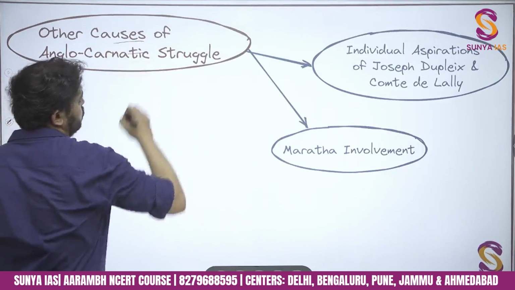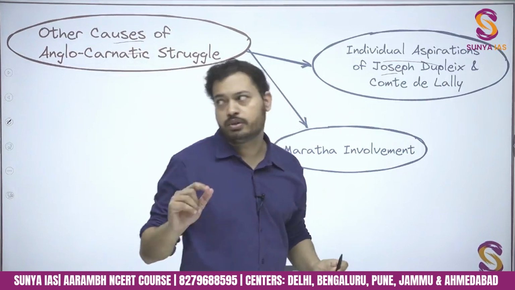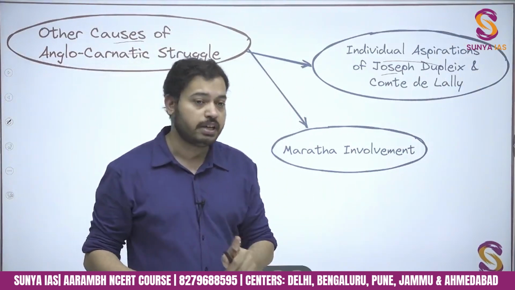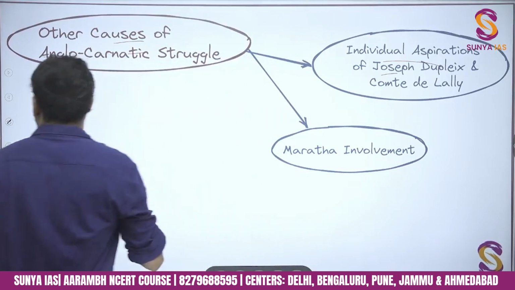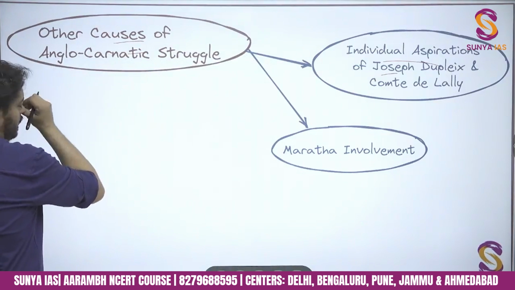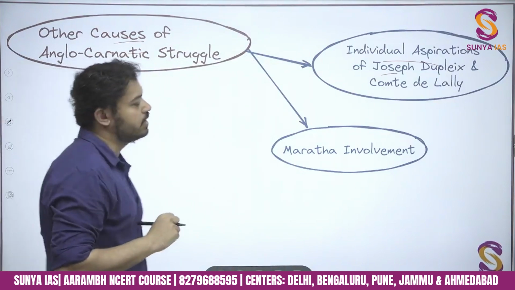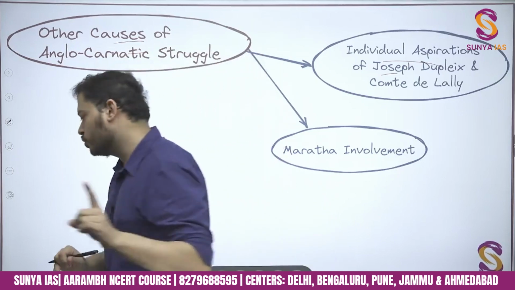Other causes, you can put the individual aspiration of Joseph Duplex. Now let me remind you of this. Actually, I have taught you something wrong, and let me correct myself. In the past lecture, I misnamed Joseph Duplex as Joseph Marcus Duplex. He was not Joseph Marcus Duplex.